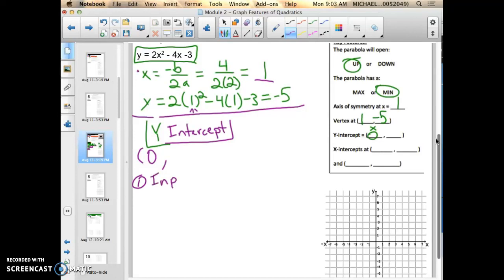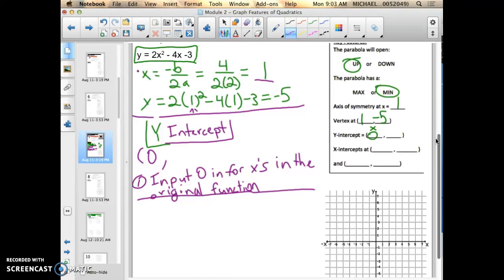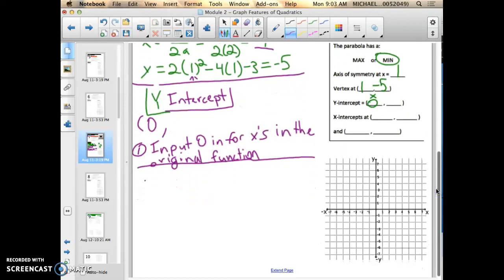I'll write that step out just so you can see it. I'm going to input 0 in for my x's in the original function. So in order to do that, I will put y equals 2 times 0 squared minus 4 times 0 minus 3.